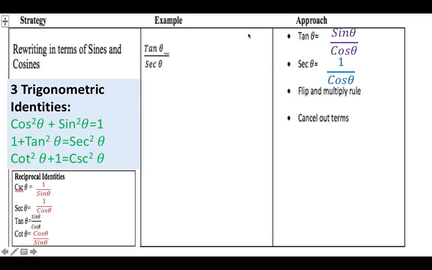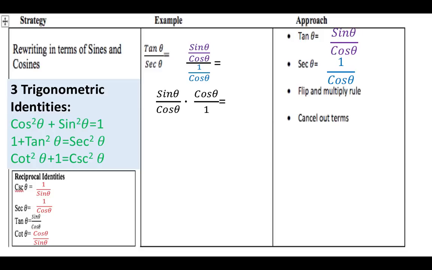Let's go ahead and substitute these into here. All right, good. So now I rewrote tangent as sine over cosine. I rewrote secant as 1 over cosine again because I'm referencing my notes. Next, what I'm going to use is the flip and multiply rule. Whenever you have a fraction divided by another fraction, you take the bottom, flip it, and multiply across.